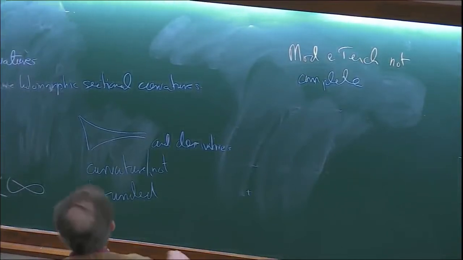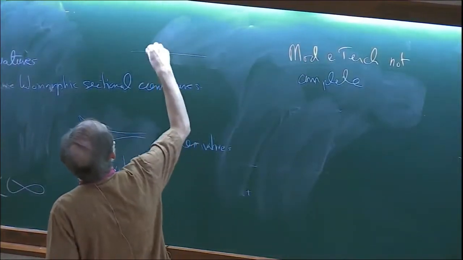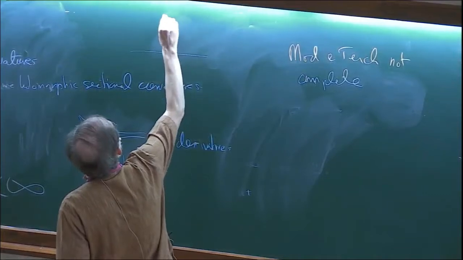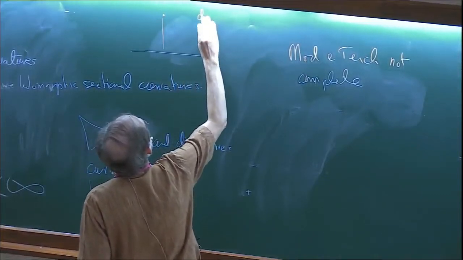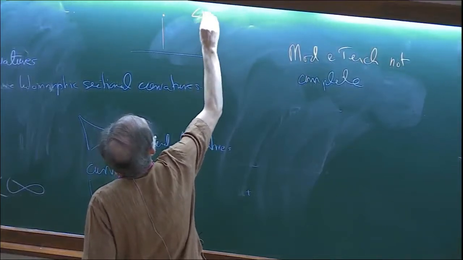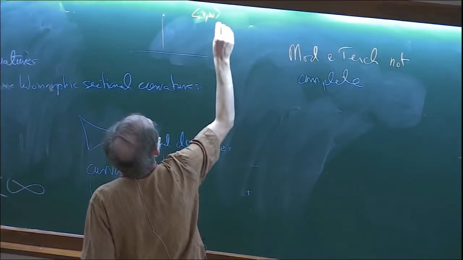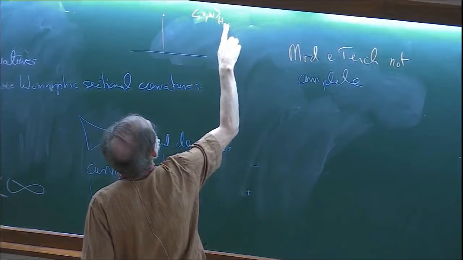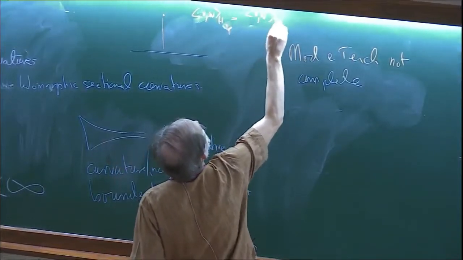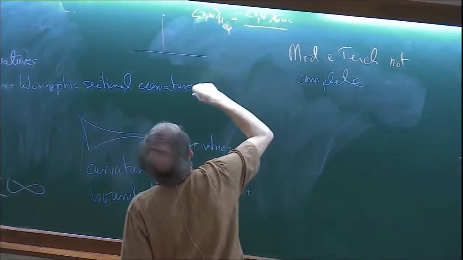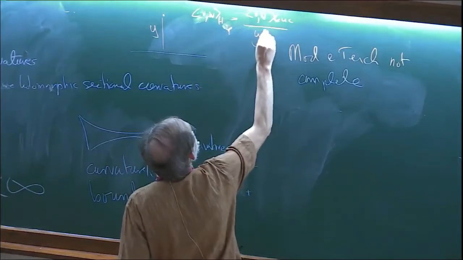If you look in the upper half plane, the hyperbolic inner product of two vectors is the Euclidean inner product divided by y squared, where I use y for that coordinate.